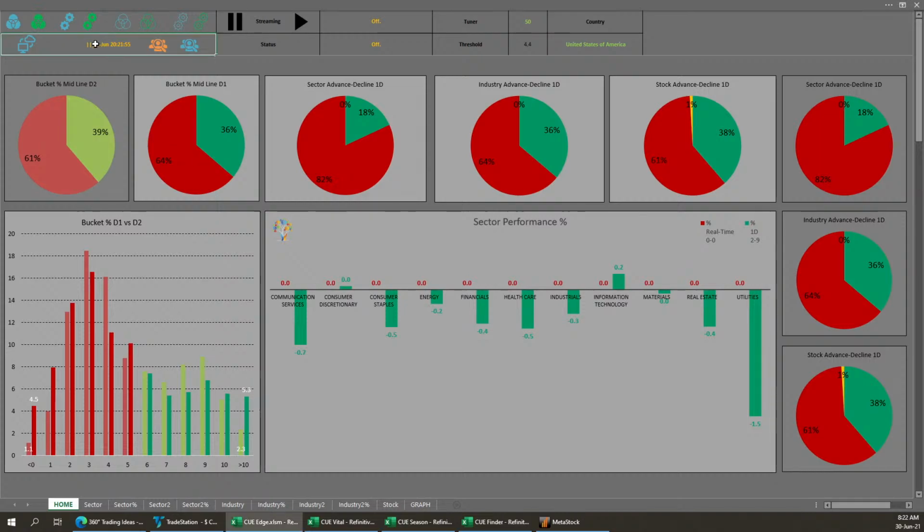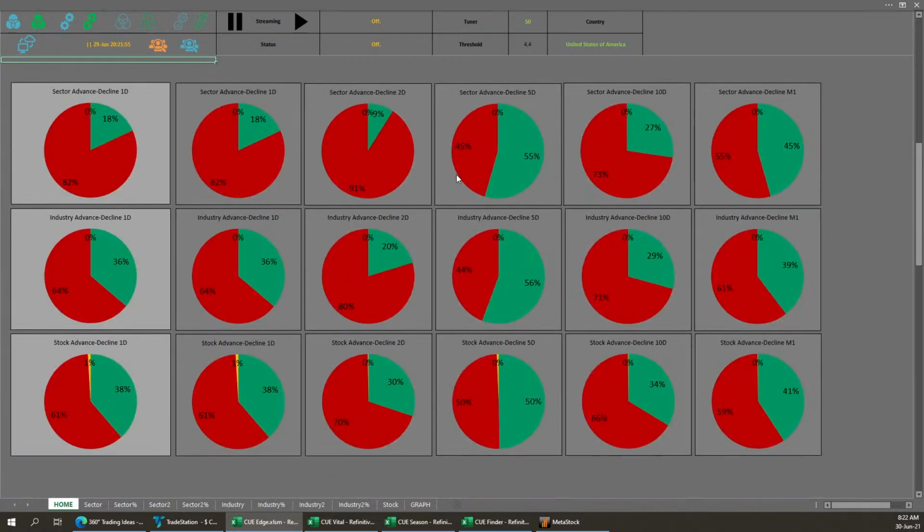As you can see, we can read the market from many angles, and one more angle that we always use is the 1 month to 1 day sector industry stock advance decline breadth. I am mentioning this in many webinars, that the 1 day and 2 day periods are flip-flopping between red and green.